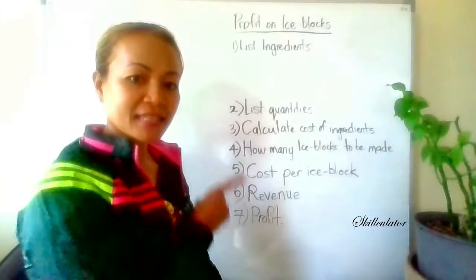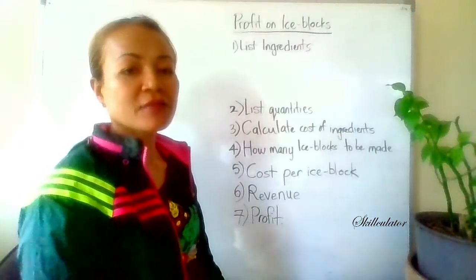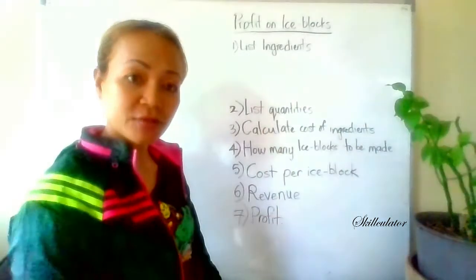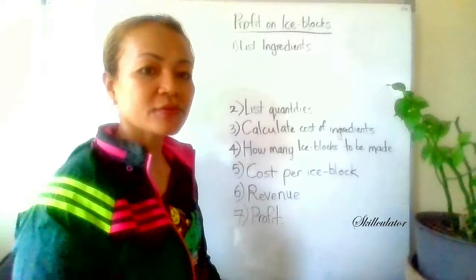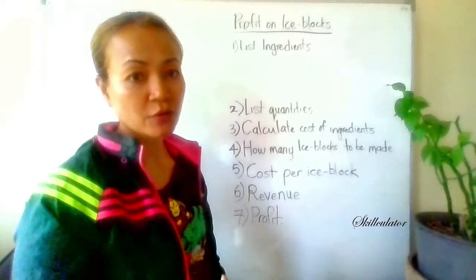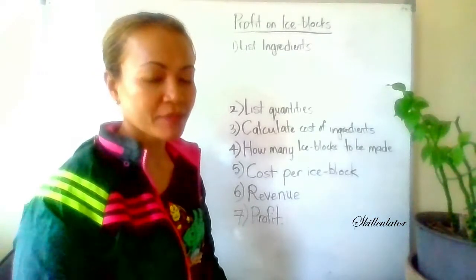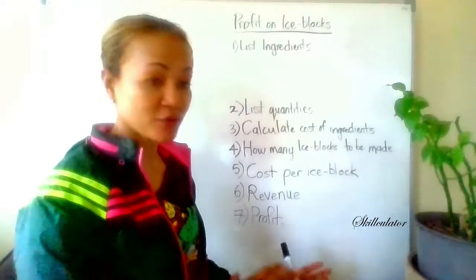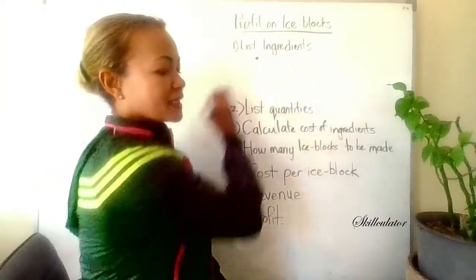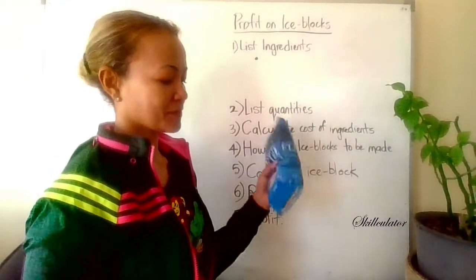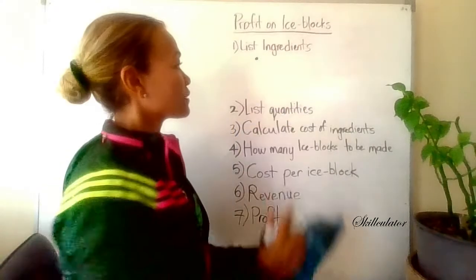We have here 7 steps. The first thing you've got to do is list the ingredients, everything that you will use. Now, one of the ingredients is also water, but since it's from the tap, there's no cost attached to that in our calculations. This one is sugar, right?